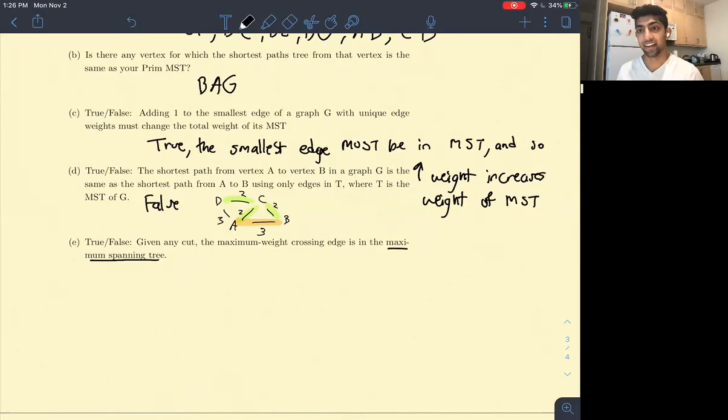So a maximum spanning tree is really similar to a minimum spanning tree in that the process of creating them is nearly identical. Given any cut, the maximum weight crossing edge is in the maximum spanning tree. And this is true.